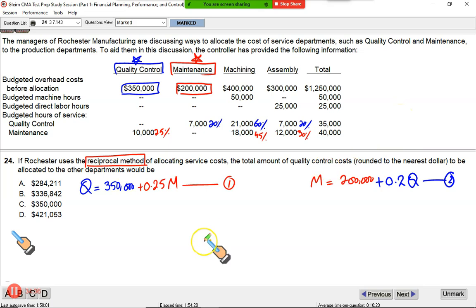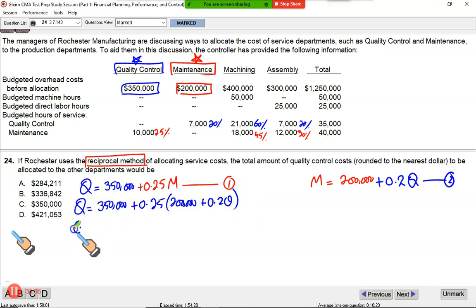Let me erase this. So I'm going to keep Q here, and I'm going to write 350 here. I'm going to replace M with this number: M is equal to 200,000 plus 0.2 Q. Now I'm going to simplify this. Q is equal to 350,000 plus 0.25 into 200,000.